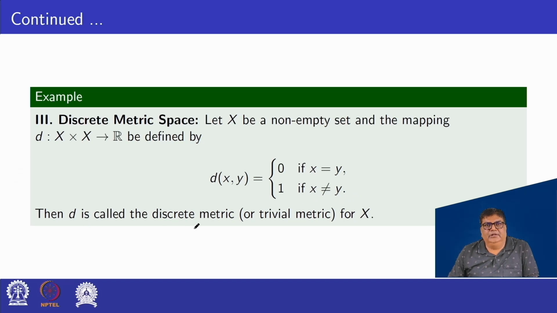Then D is called the discrete metric or trivial metric for X. So the ordered pair X, D is called metric space. Okay. So first we have to check all conditions of metric.